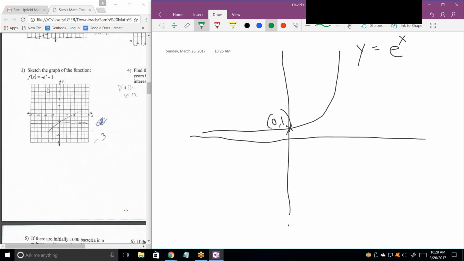So negative signs in front of the function mean a reflection over the x-axis. You with me? So in green, I'm going to take that parent function and graph it as a reflection over the x-axis, meaning this point would go down to 0, minus 1. Okay, so the green would be strictly y equal negative e to the x.